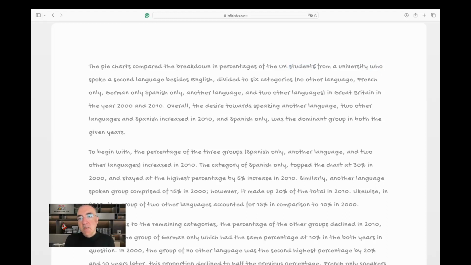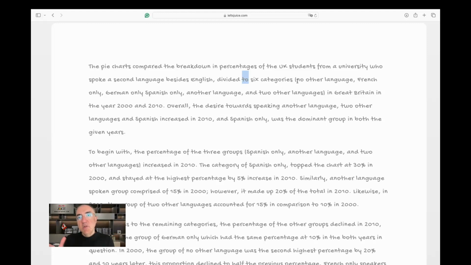I would have added 2 commas here, one before from, one after university, just to put the emphasis on who that refers to these UK students who spoke a second language besides English, divided into 6 categories.